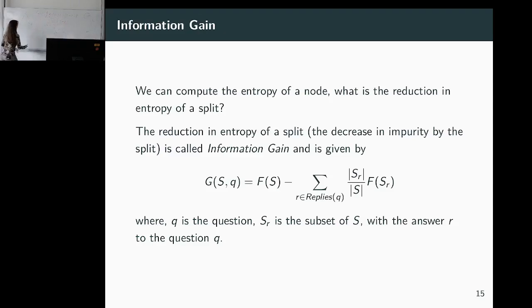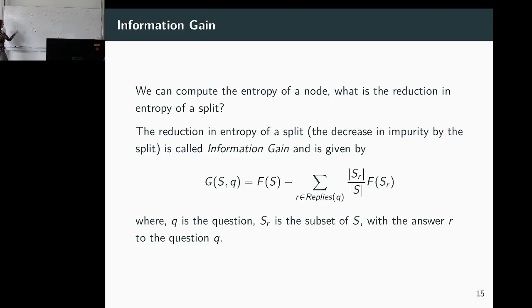Basically, it's nothing simple, nothing hard. It just says, okay, I have the entropy of this set, I can calculate it, and I have the entropy of this set. Now, in order to compute the whole entropy of this split, I need to take this entropy and multiply it by the probability that this will actually happen, that we go here.